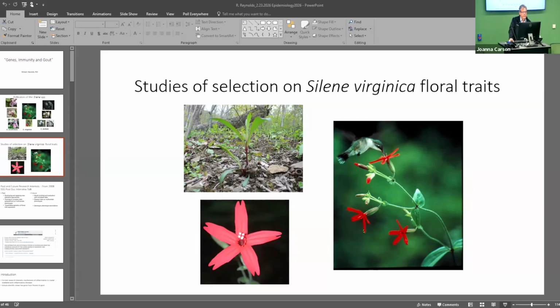This graph shows why this has our attention: hospitalizations in gout versus rheumatoid arthritis over a 15 to 20 year period. You can see that RA hospitalizations are declining while gout is increasing. So this is something worthy of study.